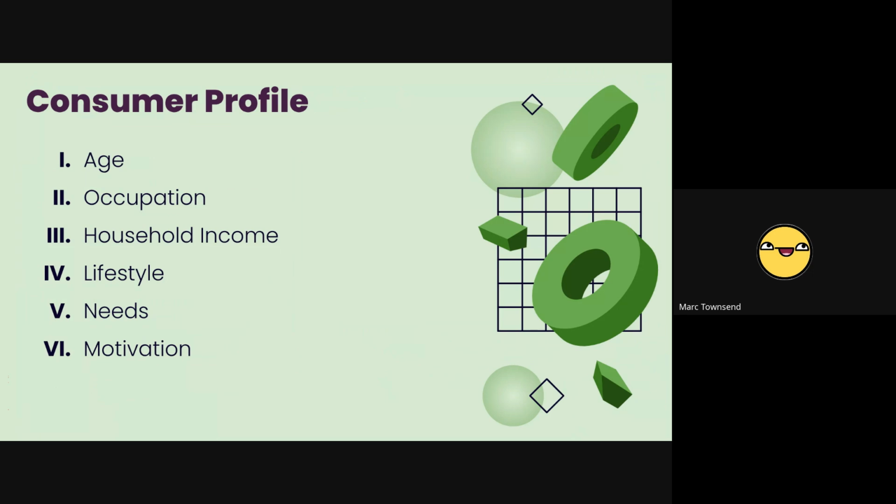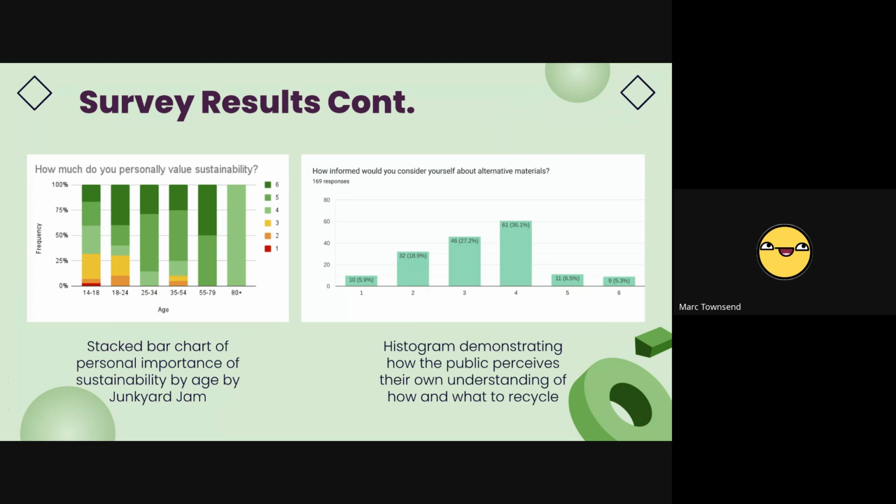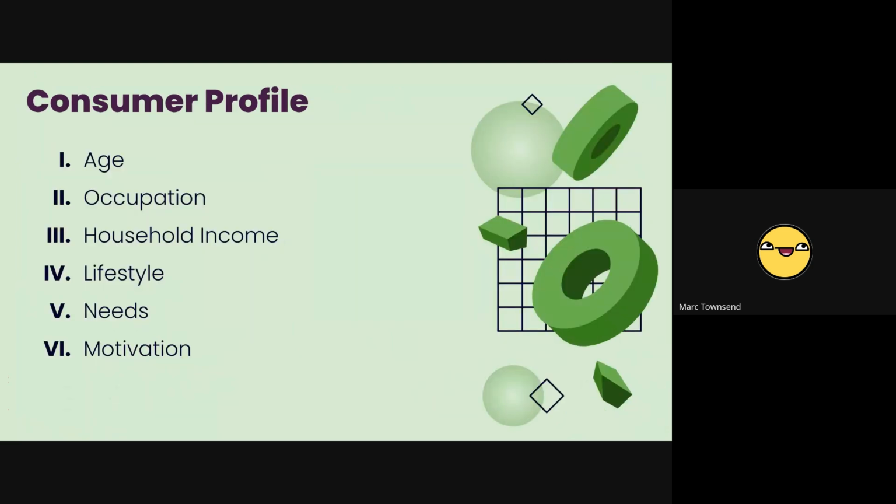Before we decided on what kind of product we wanted to make, we first developed a consumer profile and divided it among 6 different categories. For age, we said we wanted to target consumers around 6 and over to encourage household participation. For occupation, we said any, to emphasize that we were targeting any type of consumer.